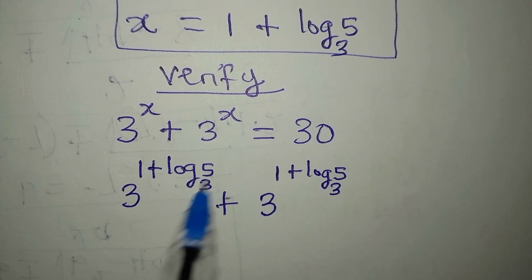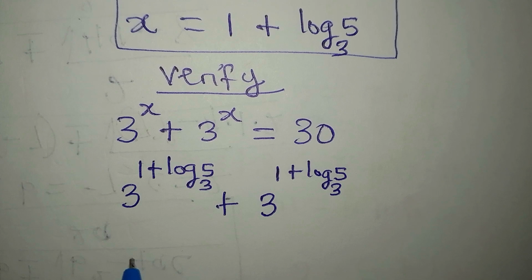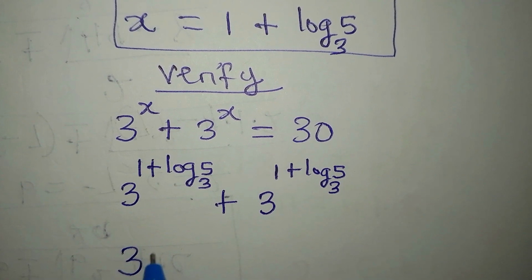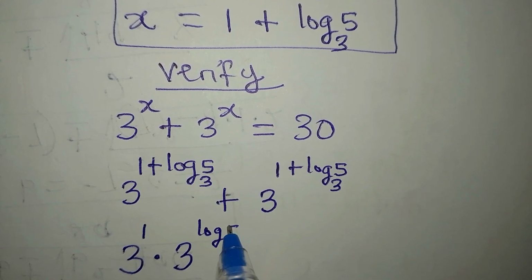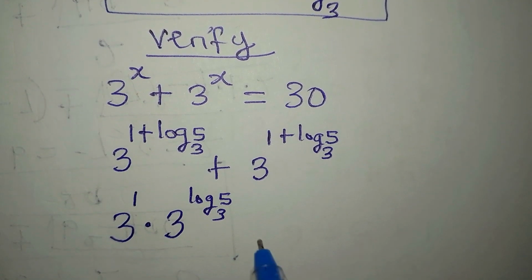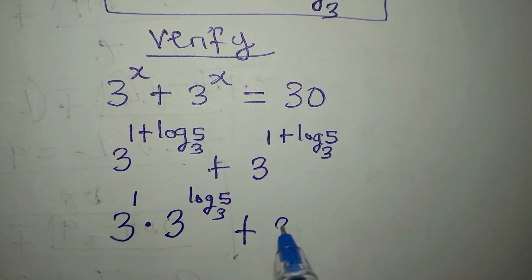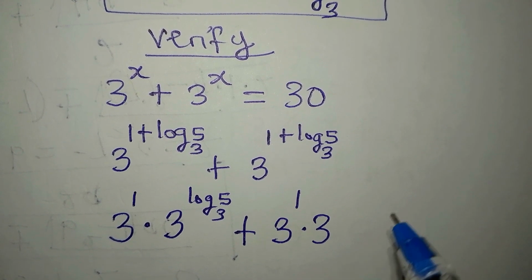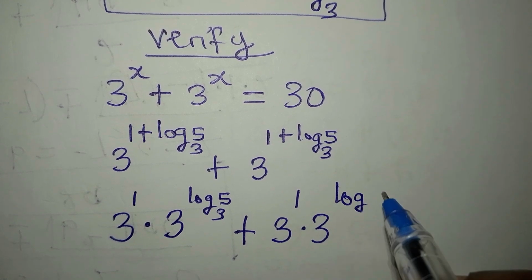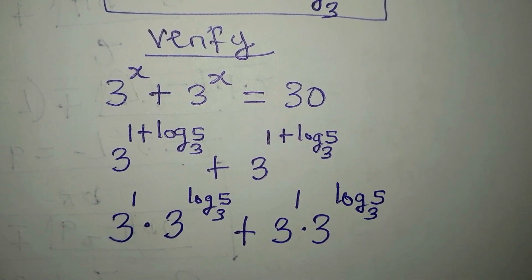From here, we'll apply another theorem that says this can be 3 to the power of 1 multiplied by 3 to the power of log 5 to base 3, right? Then for the second, we have 3 to the power of 1 multiplied by 3 to the power of log 5 to base 3.